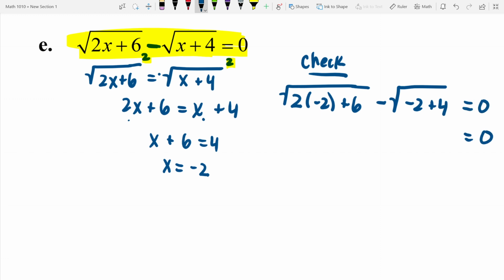Okay, now I'm going to show you a shortcut. So grab your calculator. And all we're going to do is just put the left-hand side of what I've just written down in my calculator. So everybody just hit second x squared, 2, parenthesis, negative 2, close the parenthesis, plus 6.